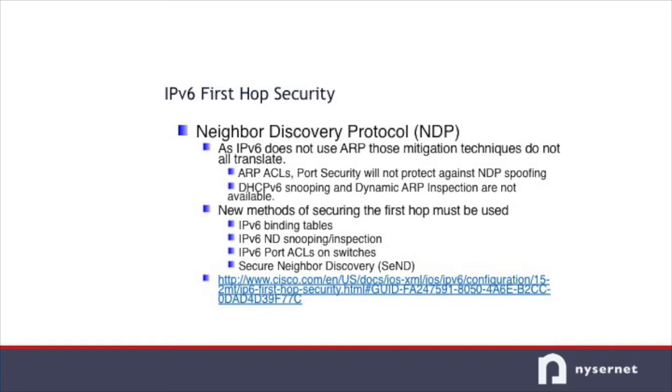DHCPv6 snooping is available in most vendors' switches. Again, if you have older hardware in your closets, it may or may not be available, or it may only be available in software. Your mileage may vary depending on when your last network refresh was. So that's why I say they're not necessarily available.